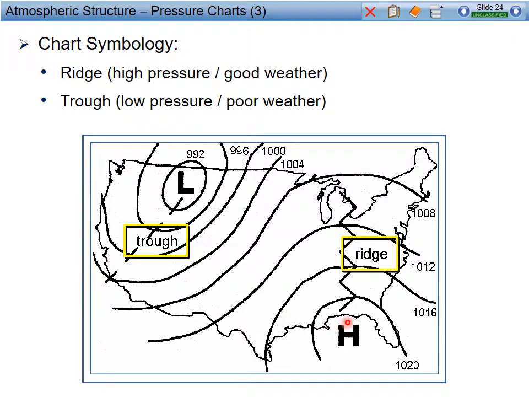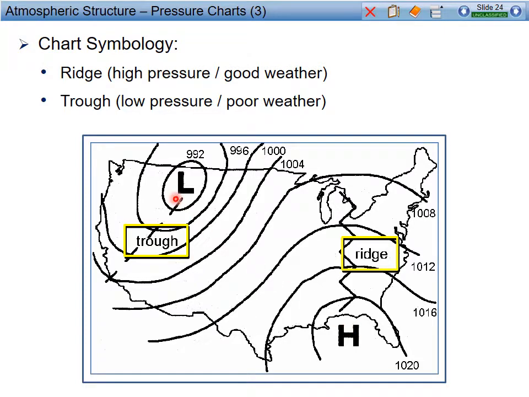Here we have depicted the ridges and troughs. Ridges come out of a high pressure center, running perpendicular to the isobars surrounding the high pressure center. They look like a mountain ridge, which will help you to remember that they are associated with high pressure and good weather.